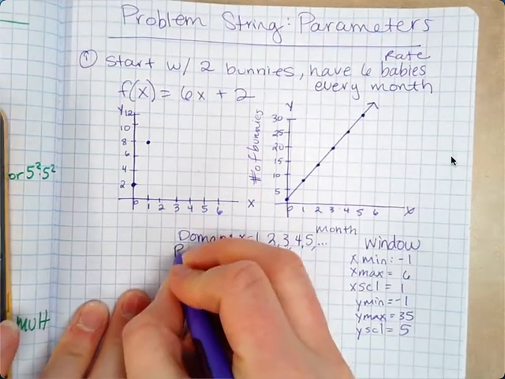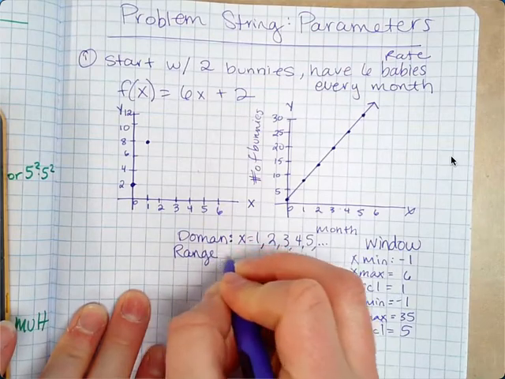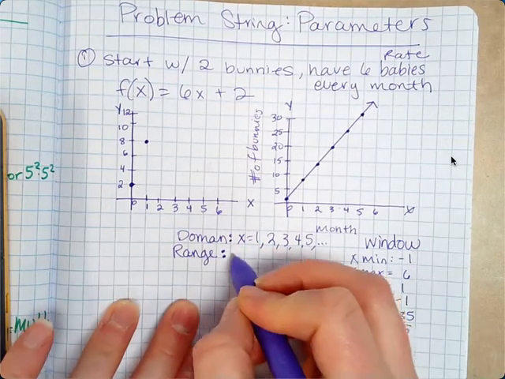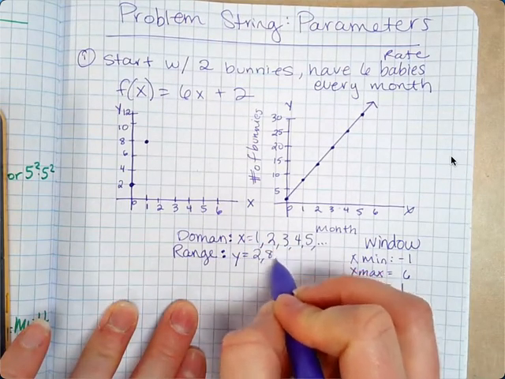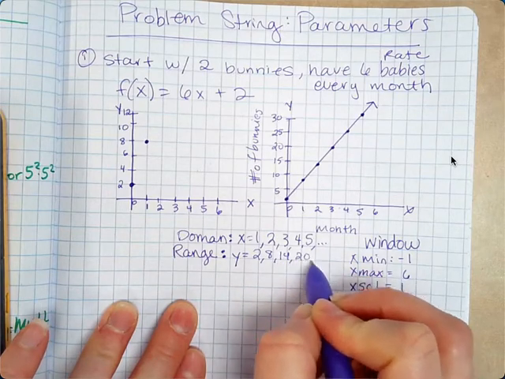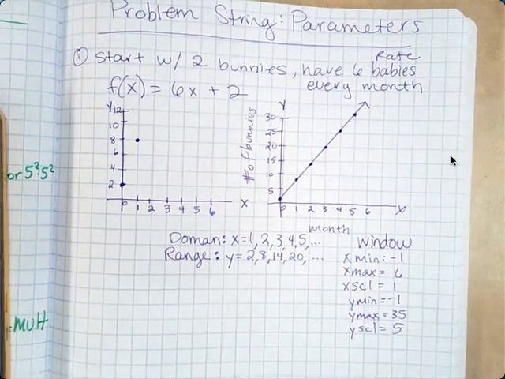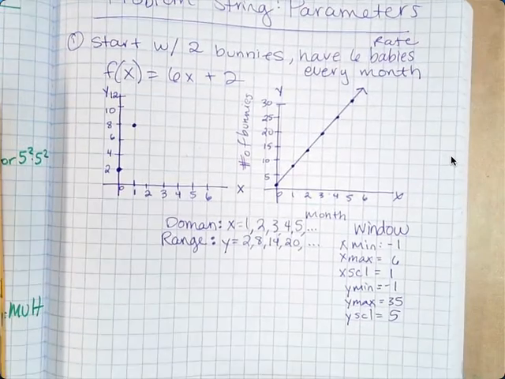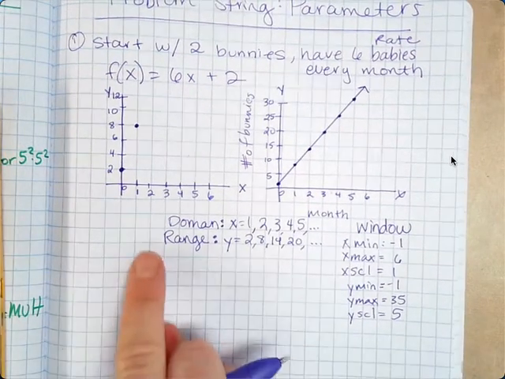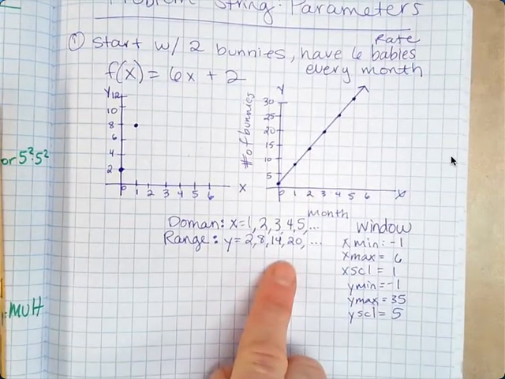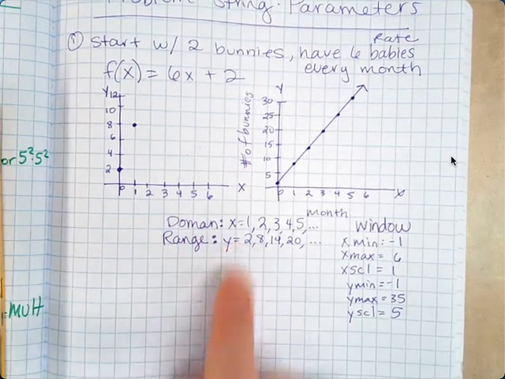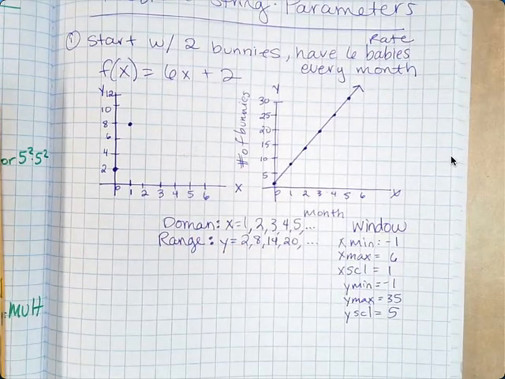Okay, what about our range? 2, 8, 14, 20, and I'm going to do dot, dot, dot, and so on. Can you have part of a bunny? No. So that's why we're listing them out. This is called discrete. Y'all remember discrete and continuous?